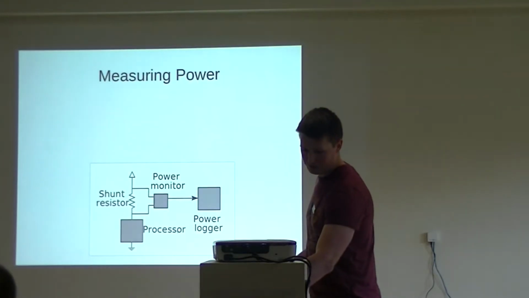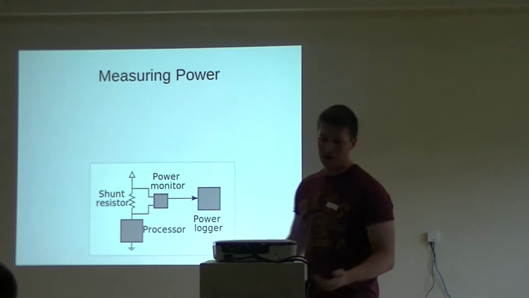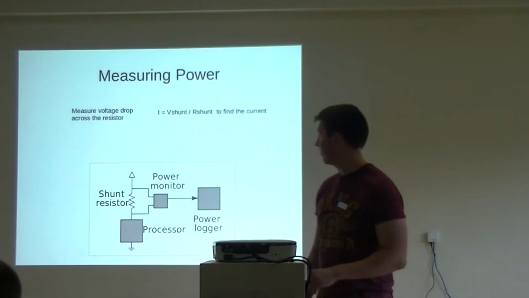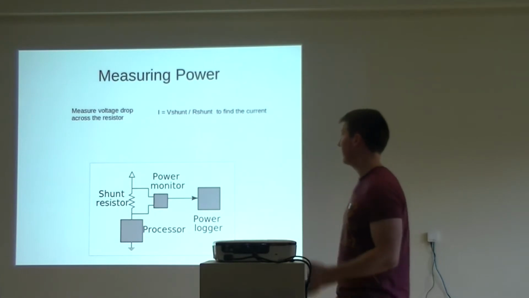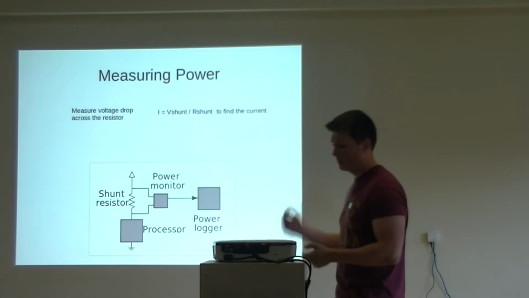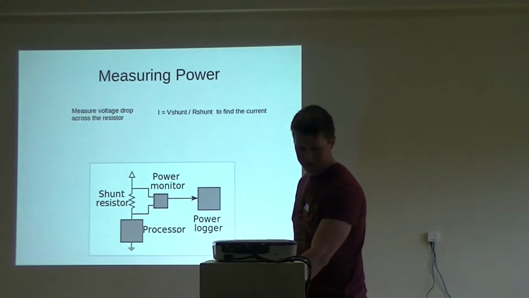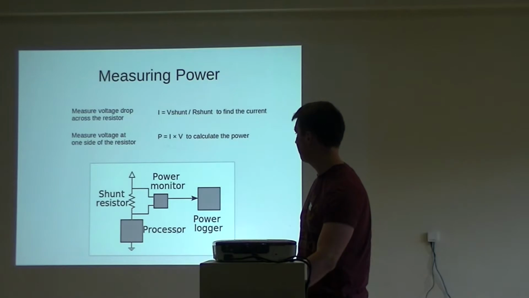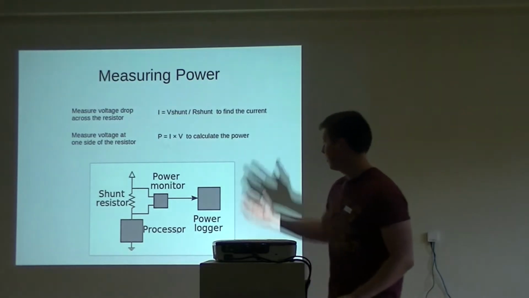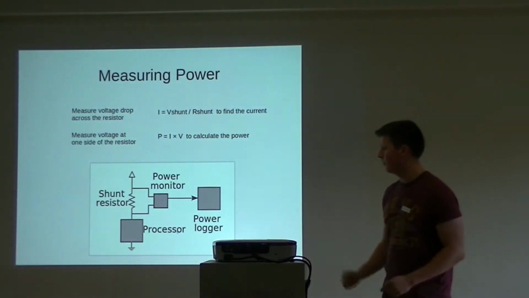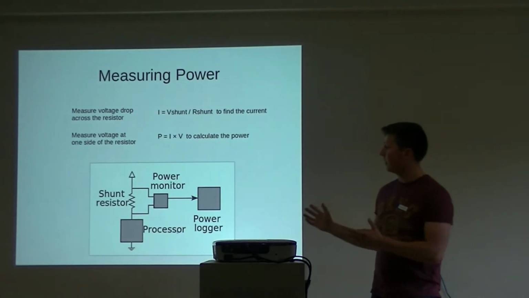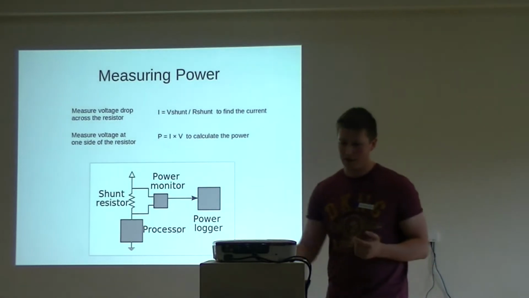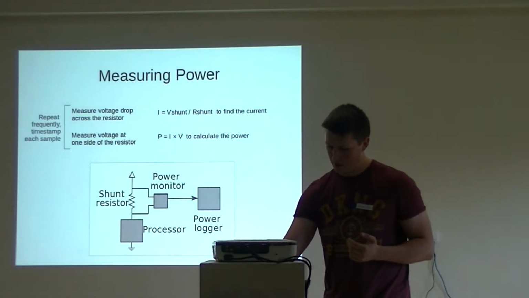And then the logger, which is the board underneath. And each time you measure the voltage drop across that resistor, you can calculate the current going through the resistor from Ohm's law. You can then measure the voltage at one side of the resistor and use your previously calculated current and the voltage you just measured to get your instantaneous power. So if you then do that lots of times, you'll get some sort of power trace.